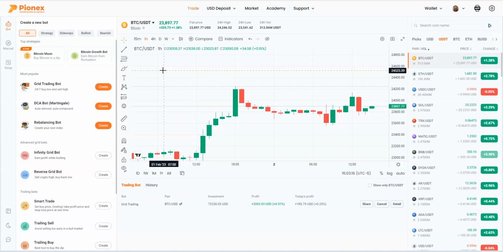So let's assume you need to get funds in your account. The easiest way to do it, if you already have crypto, is to deposit it into Pionex and then exchange it for USDT. Say you send Bitcoin in; once the Bitcoin has arrived, there are two ways you can exchange it for USDT.